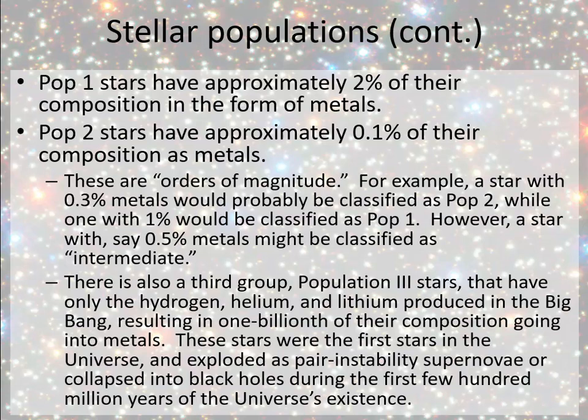Now, I know some of the more astute students might be wondering, well, wait a second, why should there really be a difference? Even though population 2 stars formed, say, 12 billion years ago or whatever, shouldn't a lot of metals have been deposited onto their surfaces from these supernova explosions and their interactions with the various dust in the interstellar medium and stuff like that?